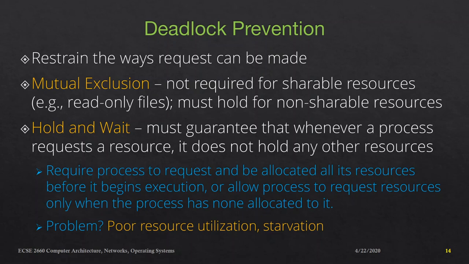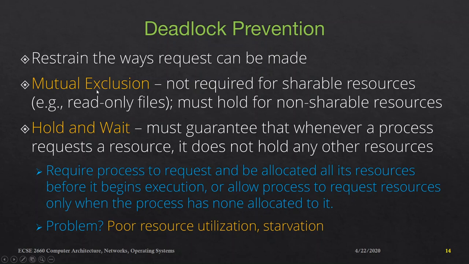Now, if we are able to break one of those conditions, if we are able to manage that one of those conditions will never be true, then we definitely would have prevented the deadlock from happening.